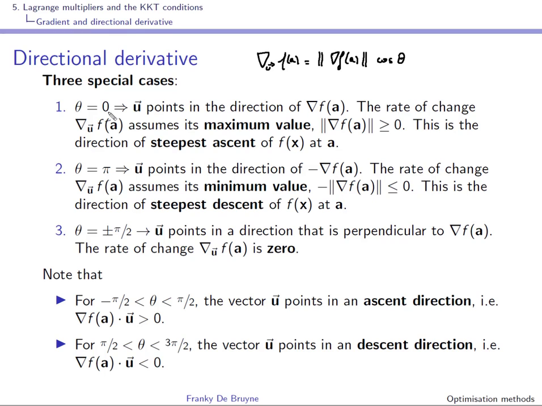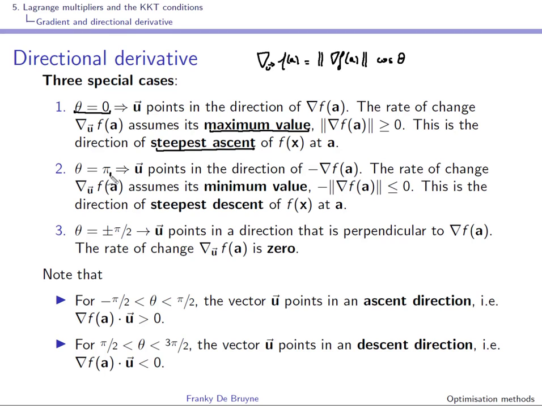So if you take theta is equal to 0, this means that u points in the direction of the gradient, and as you can see, cosine theta is 1, we'll have that the rate of change in that direction will take its maximum value because it will be the magnitude of the gradient evaluated in A, and that's something that is non-negative. Well, this corresponds to the direction of steepest ascent of f of x at A.